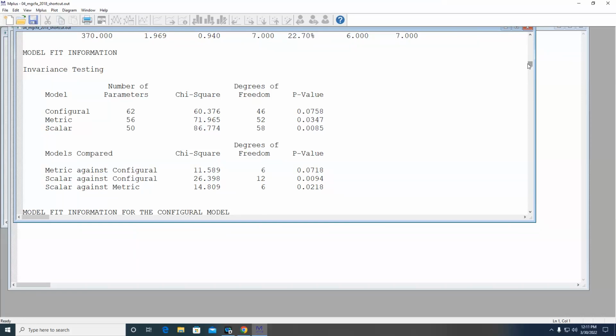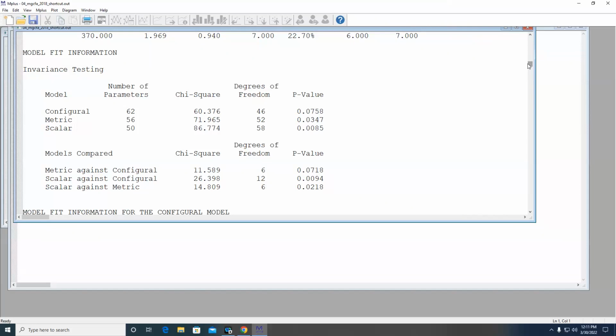I go from a less restricted to a more restricted model by making constraints, and those constraints could be to constrain a parameter to be equal to 0, or to constrain two parameters to be equal to each other. So I'm going in one direction, from less restricted to more restricted, or back again. That's really this idea of a nested model.